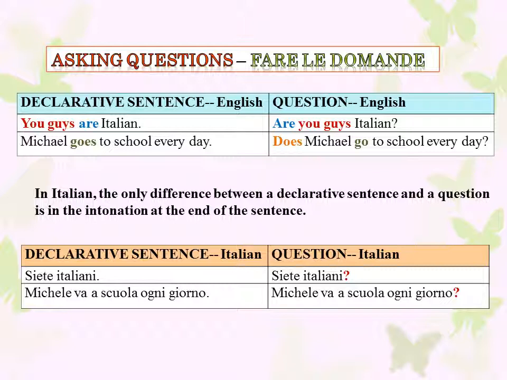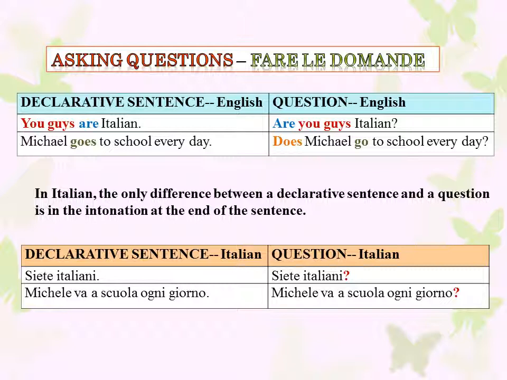You guys are Italian becomes are you guys Italian? Or an inclusion or modification of the verbs. Michael goes to school every day becomes does Michael go to school every day? None of this occurs in Italian.